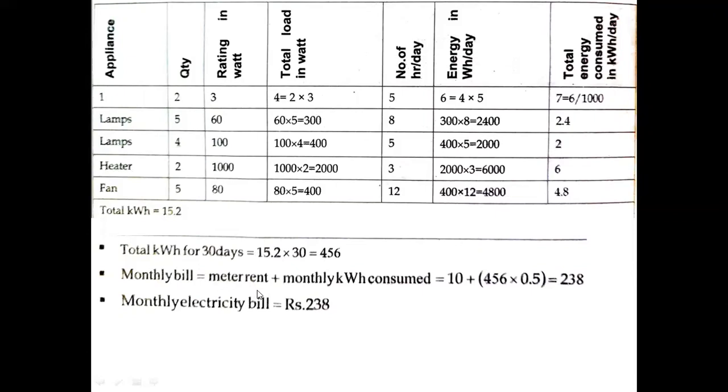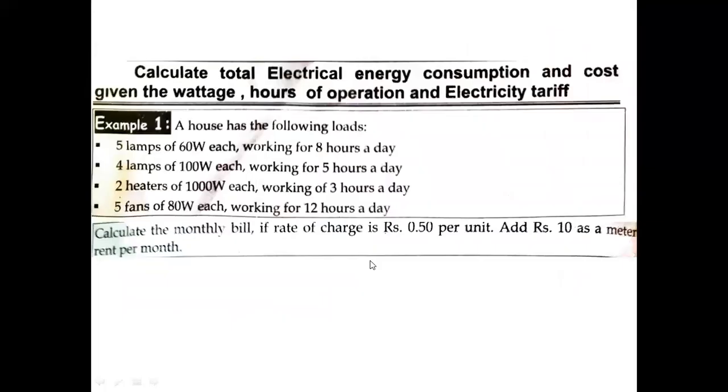So monthly bill is monthly kilowatt hour consumed into unit charge plus meter rent. So monthly kilowatt hour consumed is 456 into 0.5 plus 10. That is 238 rupees. Monthly electric bill is 238 rupees.